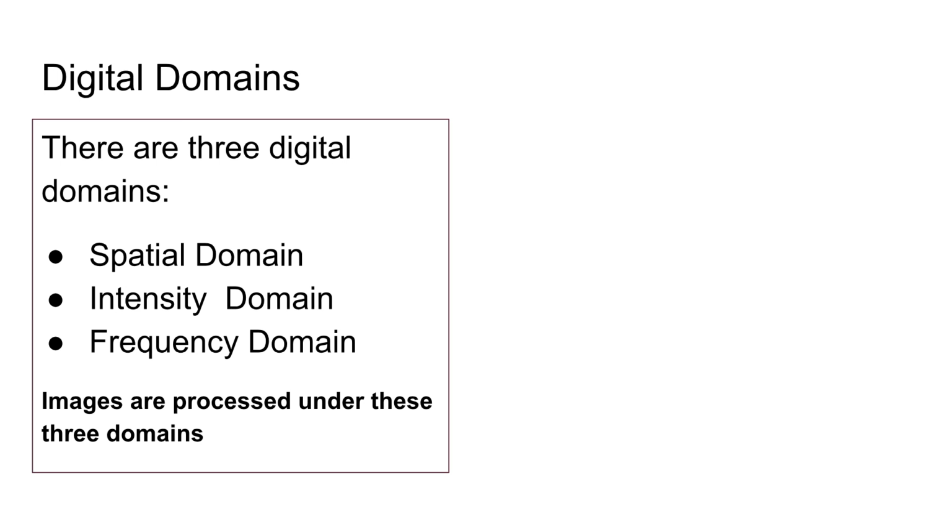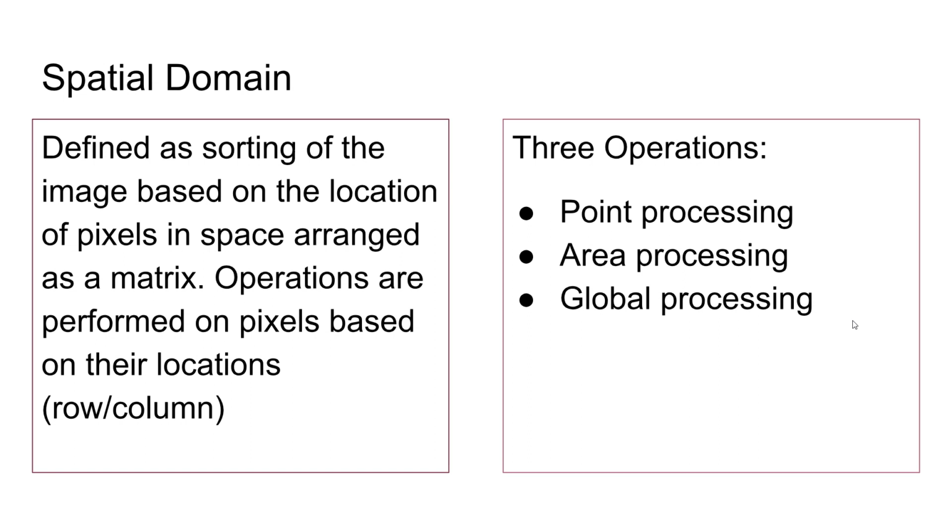And you'll see that the terms themselves will make sense, right? And they're pretty good terms. So, spatial, intensity, and frequency. We'll start with spatial, only because this one can be broken up into sort of three subcomponents or three different types of operations.